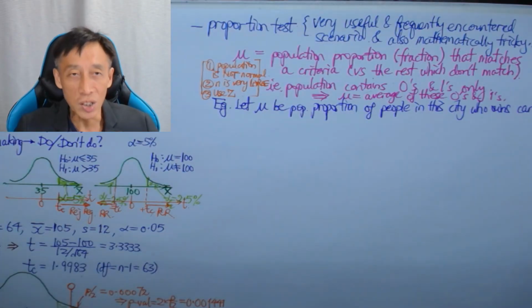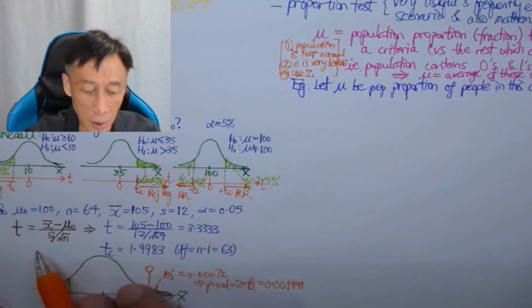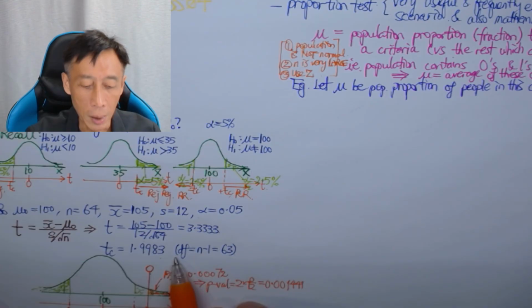Now, if you use the t distribution, you're going to need a degree of freedom, n minus 1, same as before, in our test statistic and in our critical value.